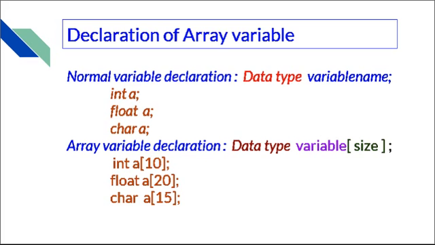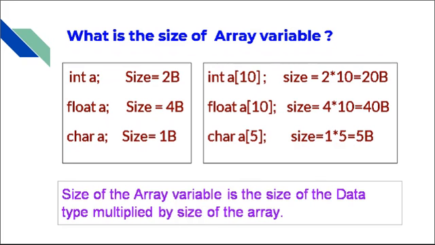In case of int A of 10, here A is capable of holding 10 integer elements. Float A of 20: A is capable of holding 20 floating point elements. Char A of 15 means A is capable of holding 15 character type elements. Okay.